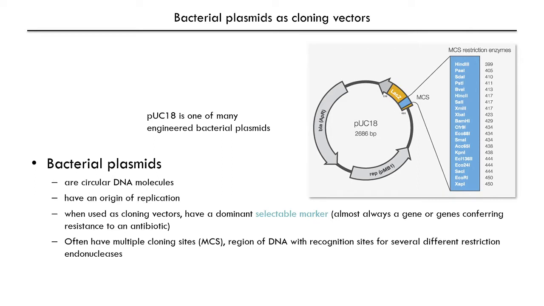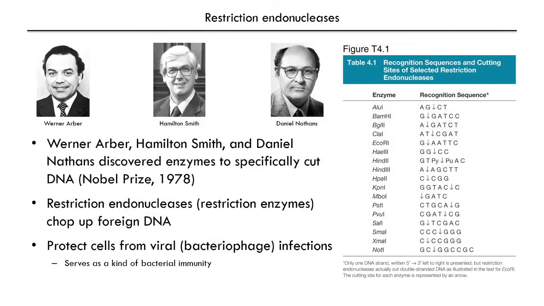Often these DNA vector plasmids have what are known as multiple cloning sites. These are regions of DNA that are recognition sites for restriction endonucleases. What are restriction endonucleases? Restriction endonucleases, also called restriction enzymes, are bacterial DNA cutting enzymes that were discovered in the 1970s.